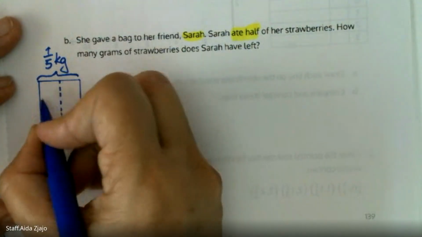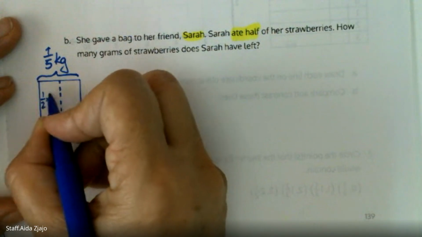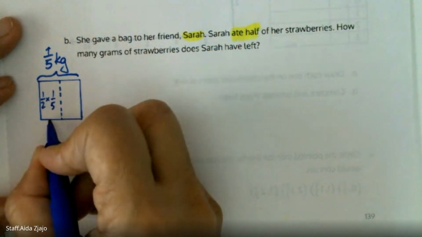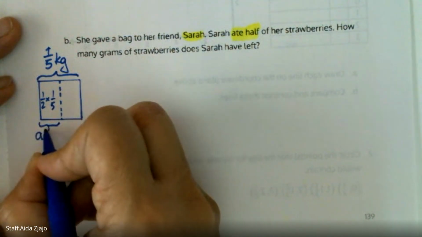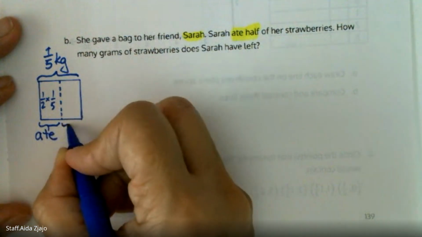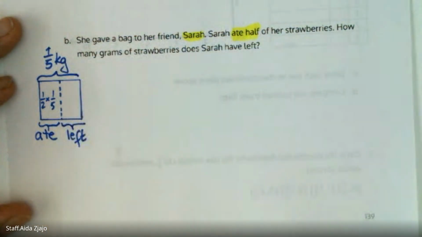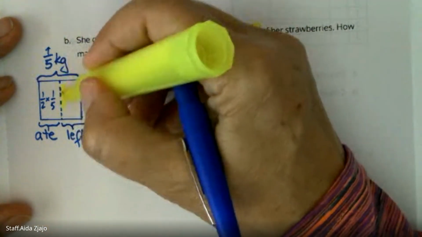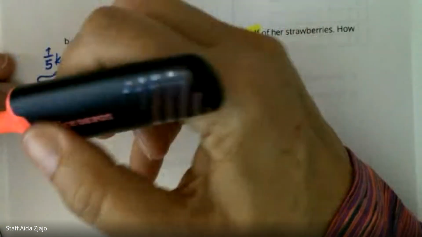So this is half of the 1/5 of a kilogram. 1/2 of 1/5, that is what she ate. And then this is left. Let's use pink because strawberries.